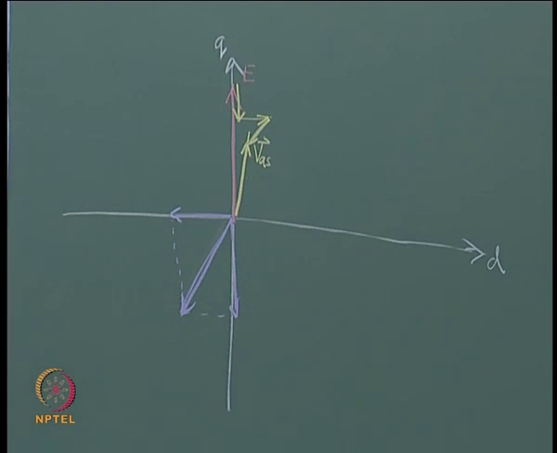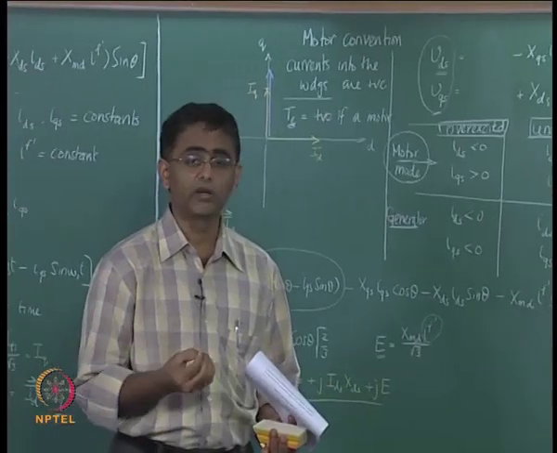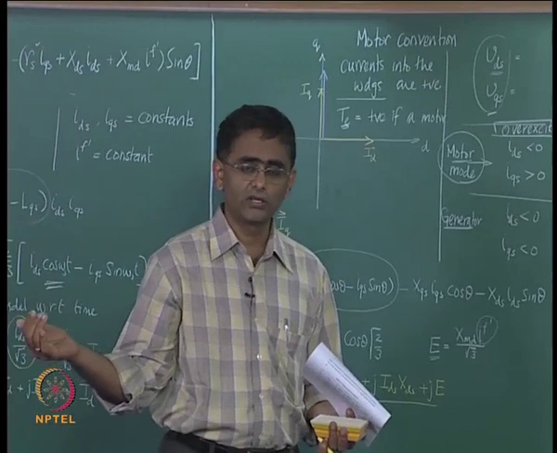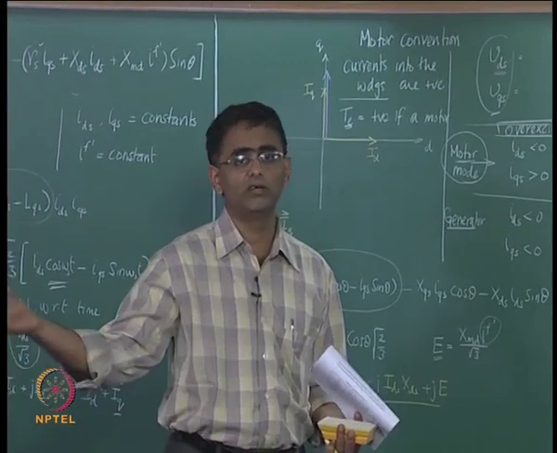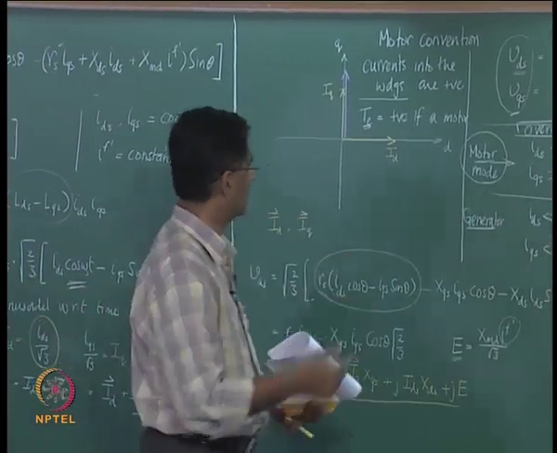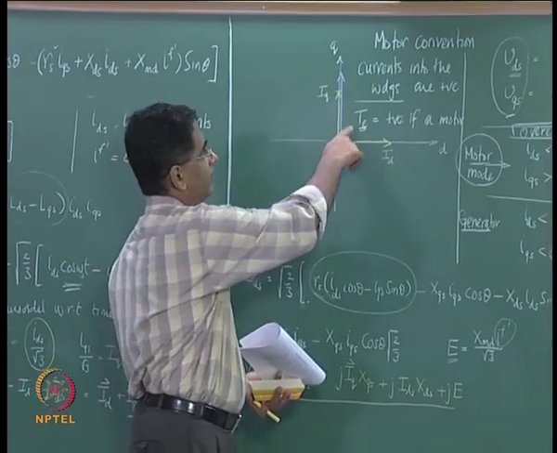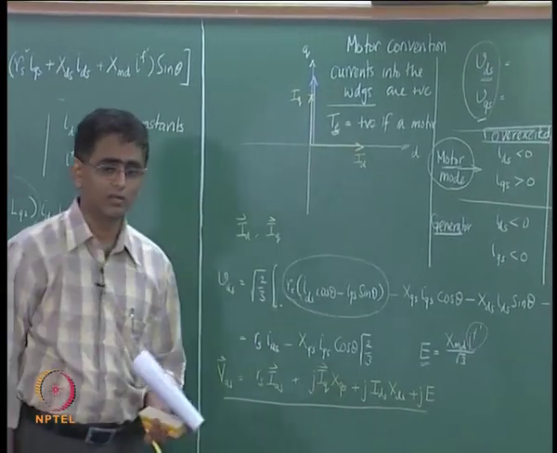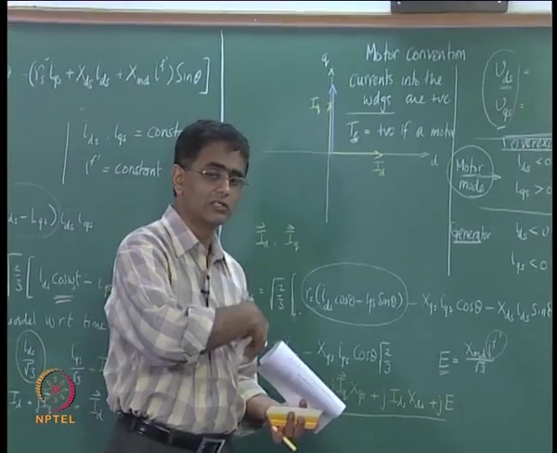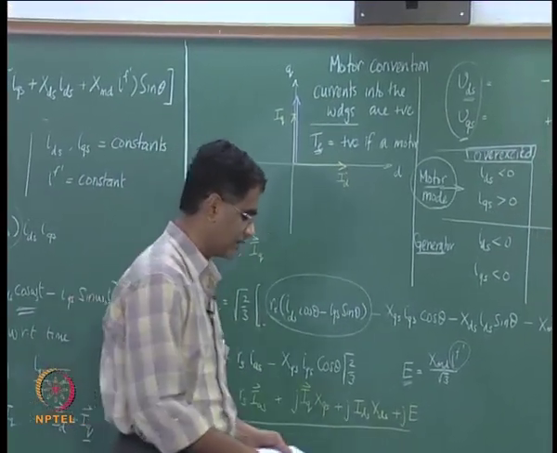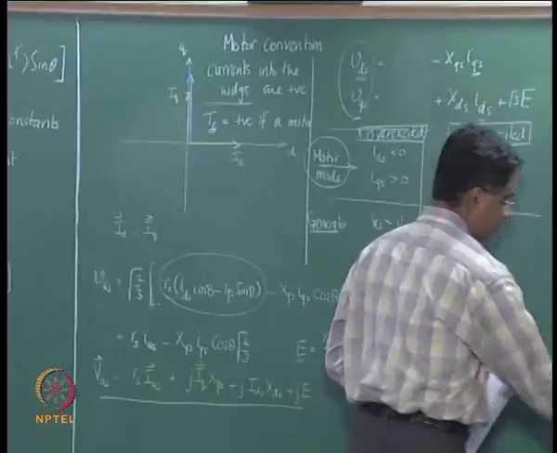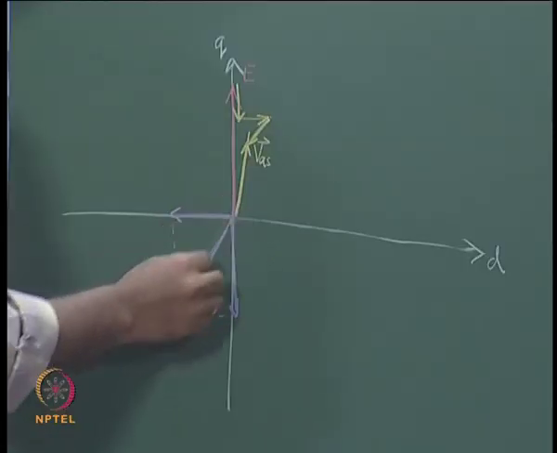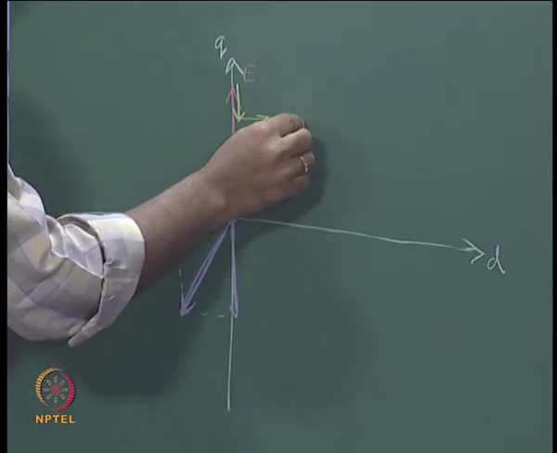Normally, when you talk of the generator mode of operation, as we have been saying many times earlier, you consider that the flow of current out of the machine is greater than 0, that is the reference direction for current, whereas what we have used is current into the winding being greater than 0. So, if you consider the reference phasor in the other direction, you will have to think of the phasor for armature, that is IA, as this.